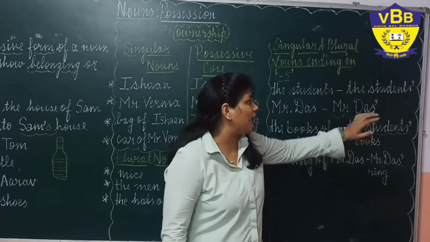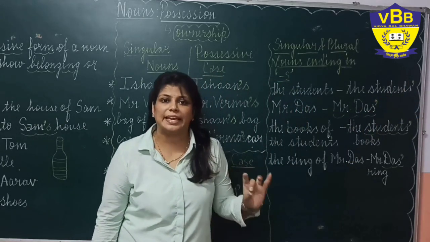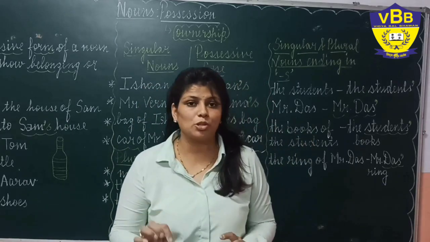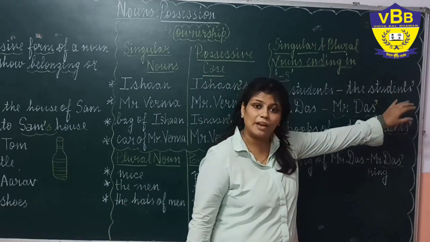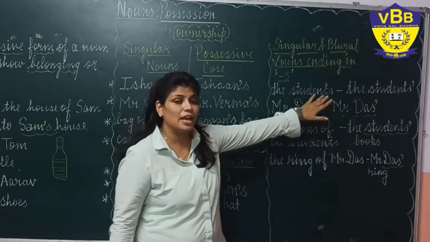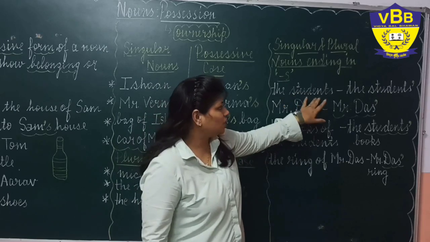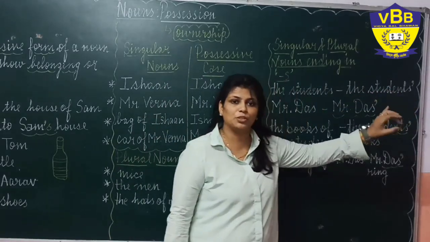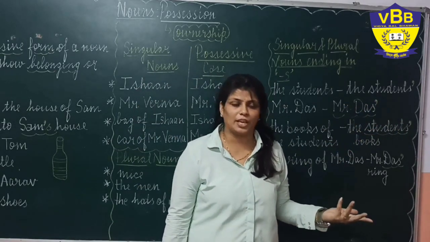I will just add an apostrophe after the letter S. I will not add apostrophe S. I will just add an apostrophe after the letter S. So, by adding the apostrophe to the word students, I have changed it into the possessive case.